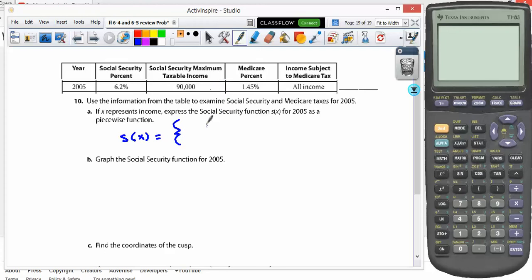We have 0.062 times the income, and this is for X less than or equal to $90,000.